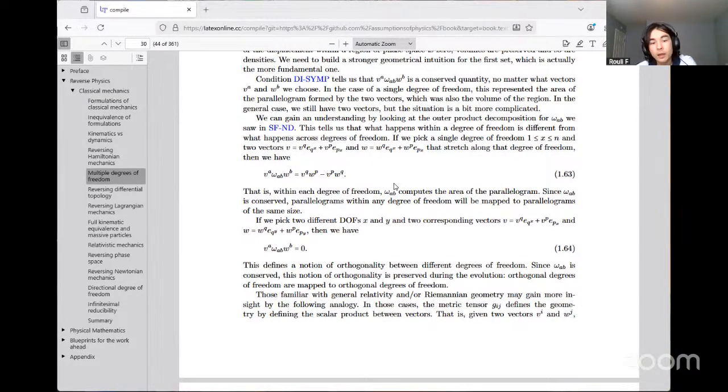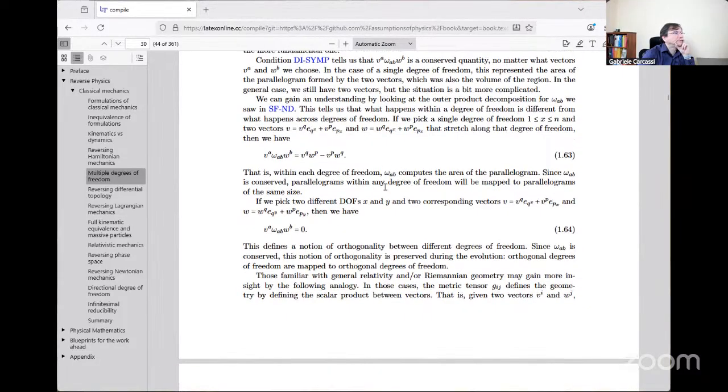Yeah, just by expanding really. That is, within each degree of freedom, omega AB computes the area of the parallelogram. Since omega AB is conserved, parallelograms within any degree of freedom are mapped to parallelograms of the same size.